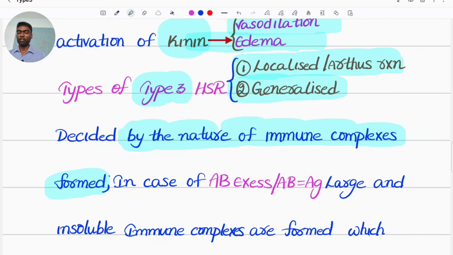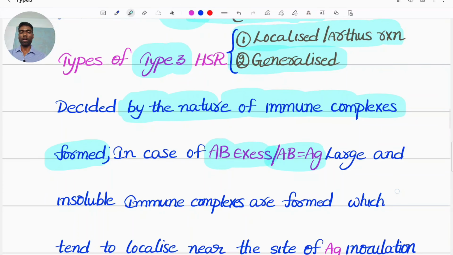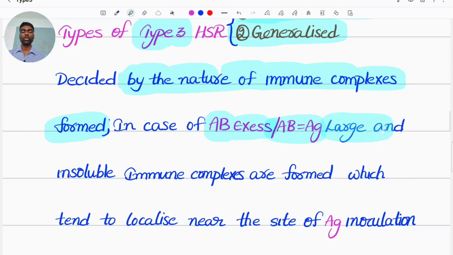In case of antibody excess, or antibodies in unequal amounts to antigen, large and insoluble immune complexes are formed. As antibody is dominant here, it will contain the antigen by forming large and insoluble immune complexes, which tend to localize near the site of antigen inoculation.